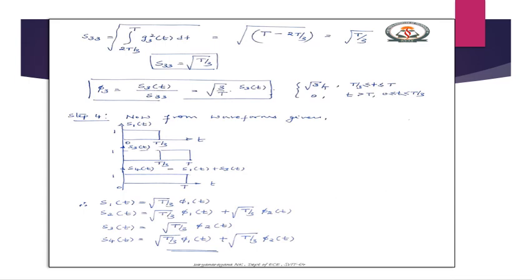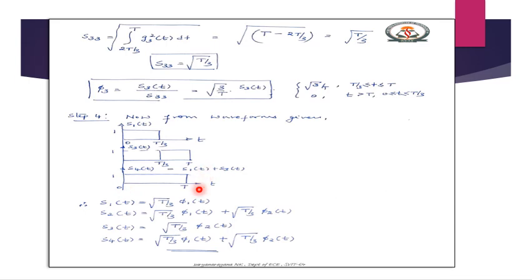And step 4 is from the waveform given. As we know, s1 of t is given as so and so, s3 of t so and so, and s4 of t can be written as s1 of t plus s3 of t. We will get the value s4 of t.